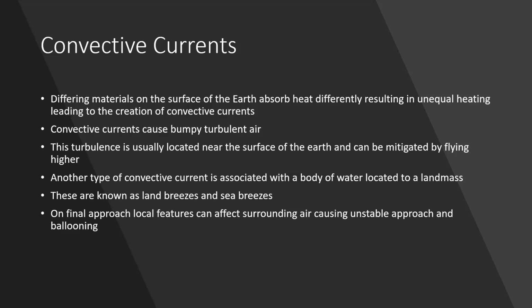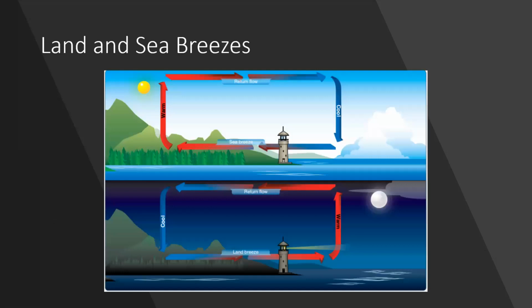So convective currents can cause turbulent air, they can cause eddies, they can cause land and sea breezes, they can cause unstable approaches if you're not careful. And we'll talk about these as we go through some pictures trying to depict what we're talking about here.